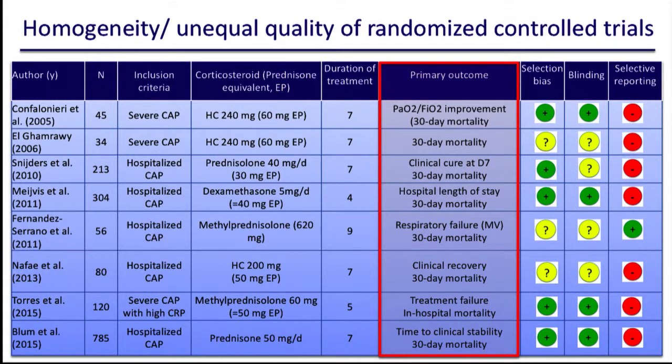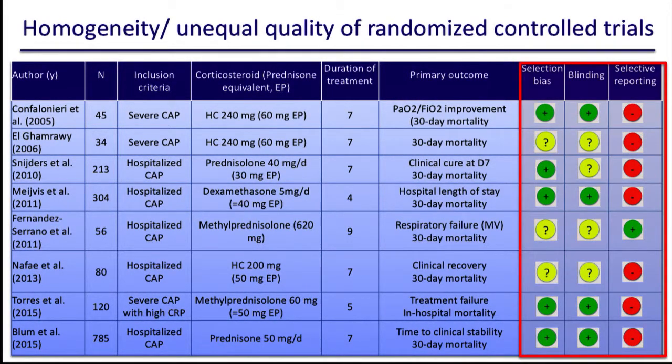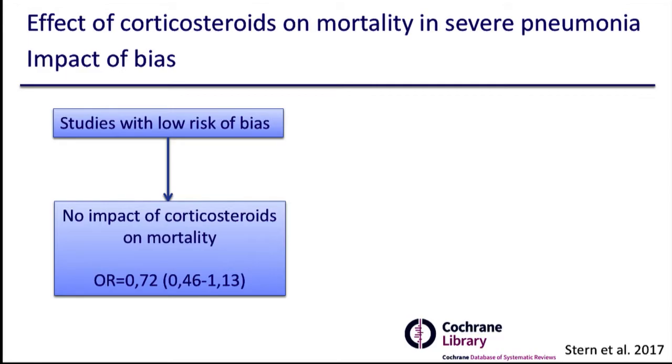In some studies, it was the oxygenation. In others, it was mortality or clinical cure or hospital length of stay. Finally, there was a big heterogeneity between the risk of bias. In some studies, there was a high risk of bias, as this one, for example, and in others, the risk of bias was more limited.